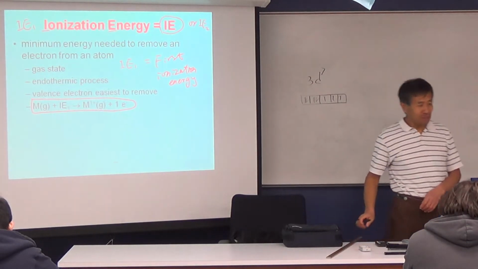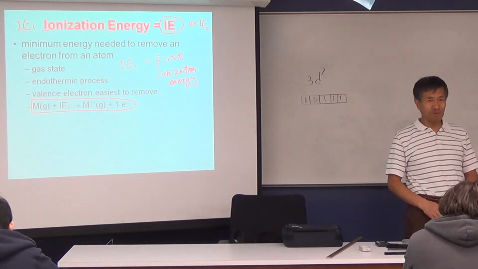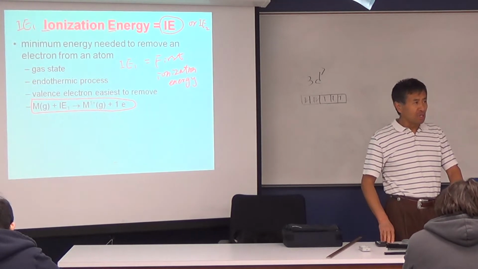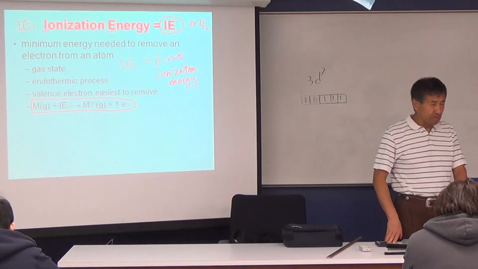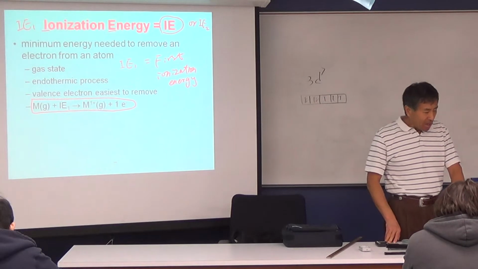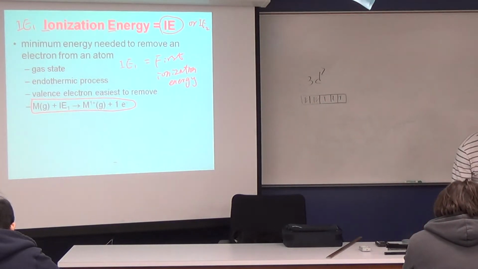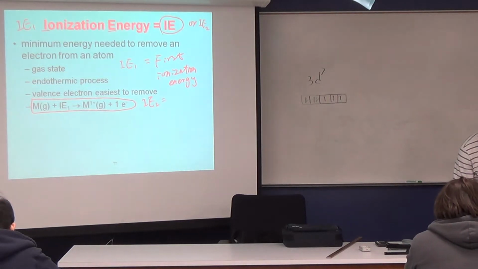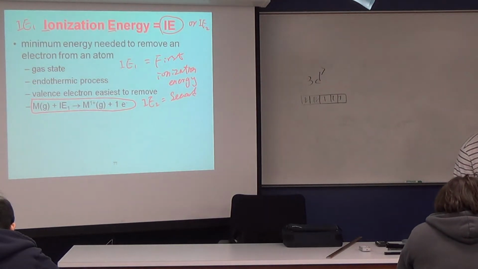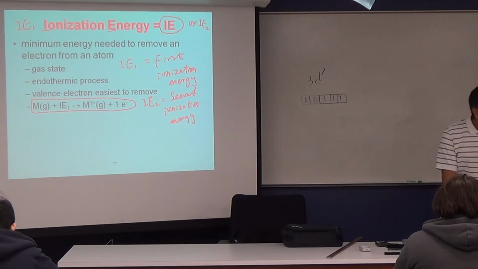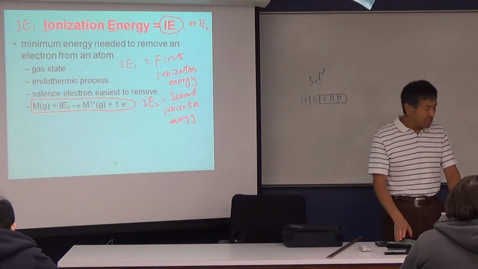You have to know what is the equation, because in chemistry, the equation is very important. So what process has what equation? IE2, what is IE2? IE2 equals second ionization energy. You will see the consecutive step.